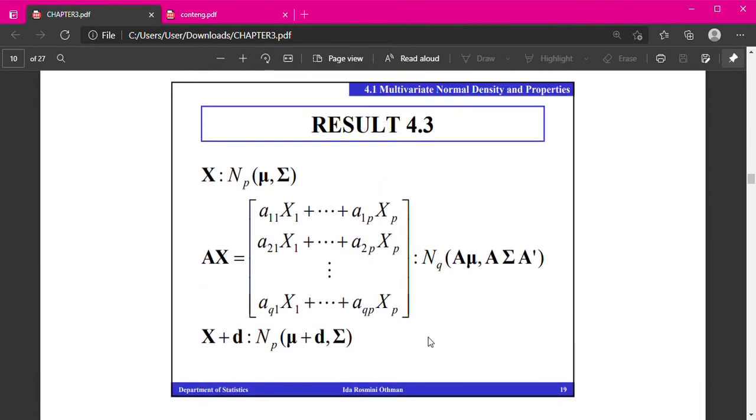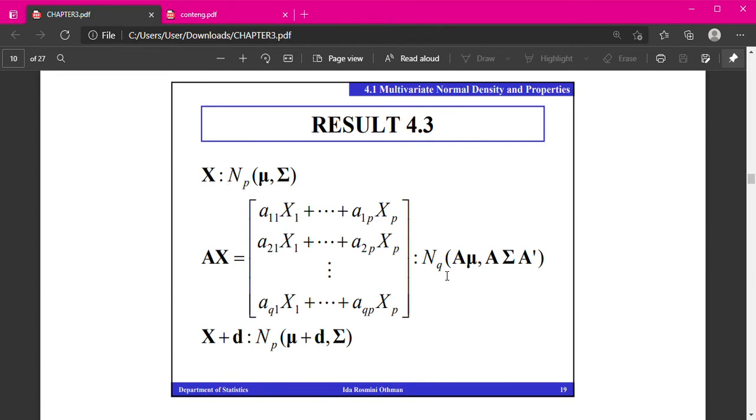Okay, let's say this one. Kita ada beberapa linear combination. Tadi ada satu linear combination saja, but now we have beberapa linear combination. So kita create the matrix A. Okay, matrix AX. So kat sini dia akan jadi NP sebab kita ada beberapa X. So kat sini kata X adalah NP.